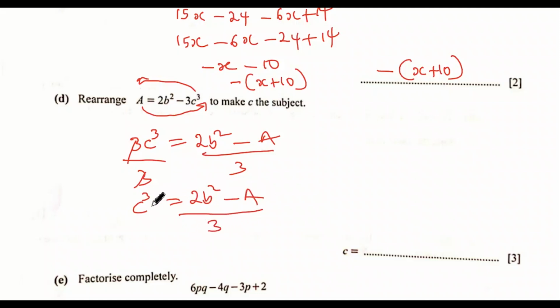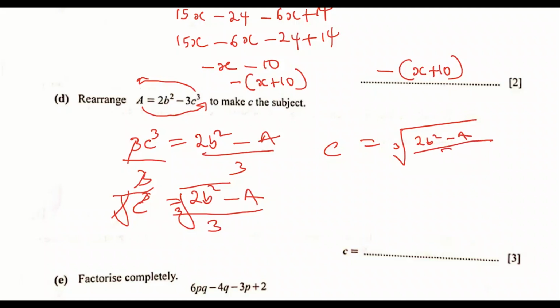And lastly we take the cube root of both sides. So cube root of this, cube root of this, so the cube cancels the cube root, so we are left with c equals the cube root of 2b squared minus a, all over 3.